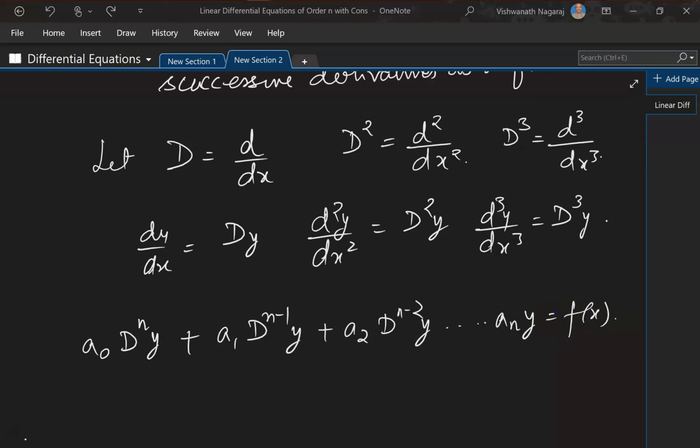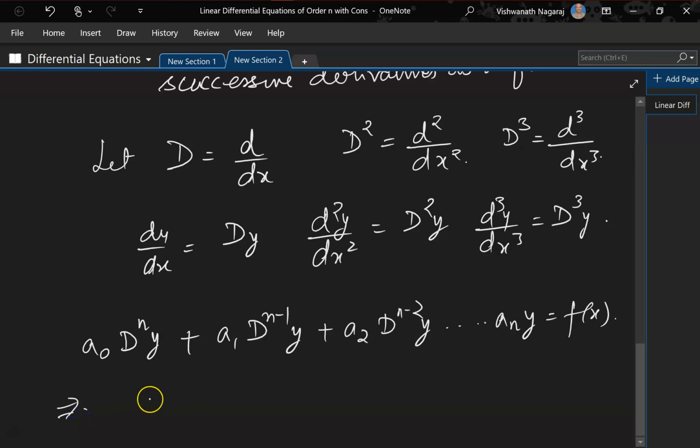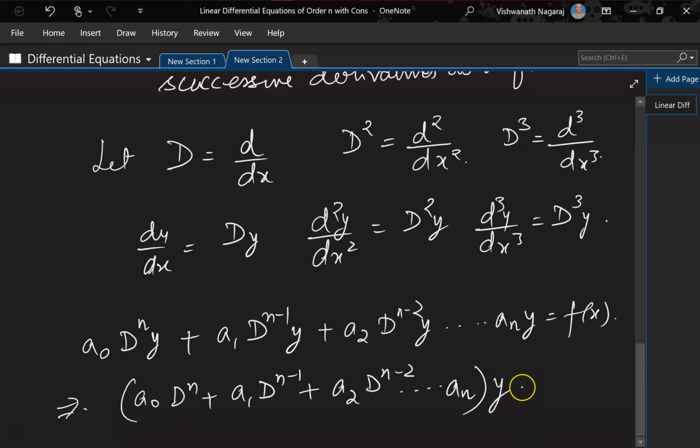Now we can write this as a naught D^n plus a1 D^(n-1) plus a2 D^(n-2) and so on up to a n, times y is equal to f of x.